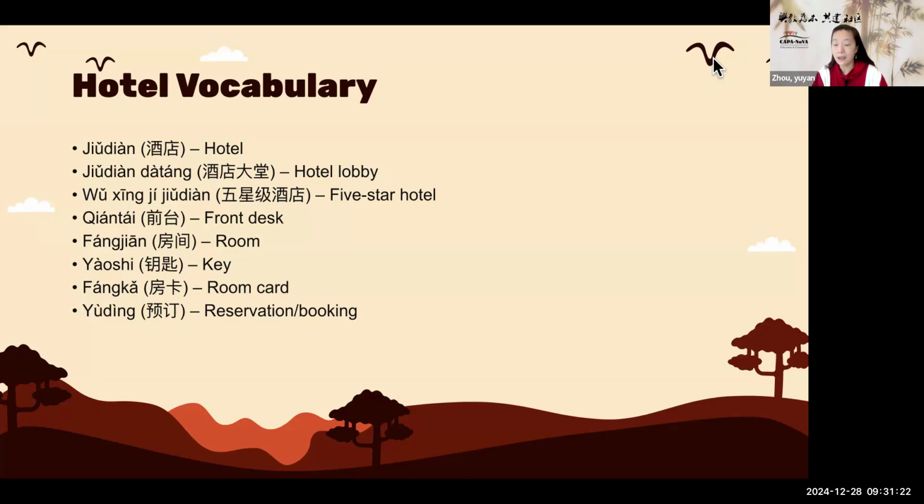We have made the reservation for this 5-star hotel, or we have made the reservation for this camp, or we have made a reservation for this park. Again, plug that in, and here's your room key, or here's your room card. Or you can say we will meet at front lobby, or we will meet at the front desk.